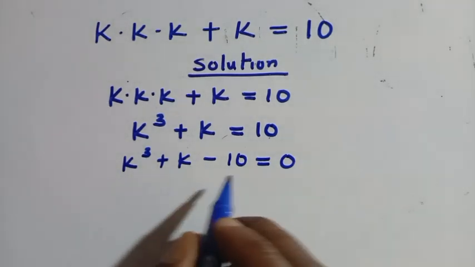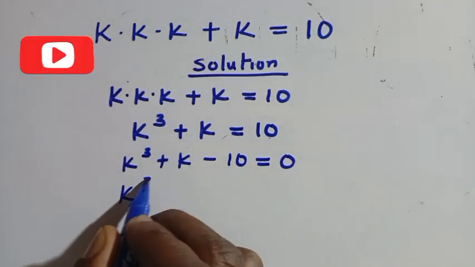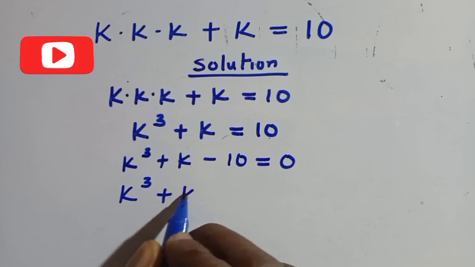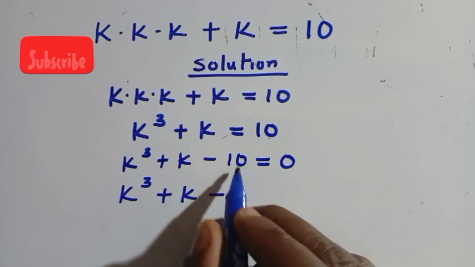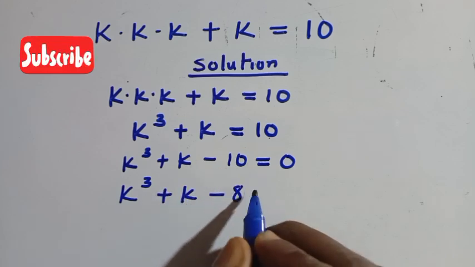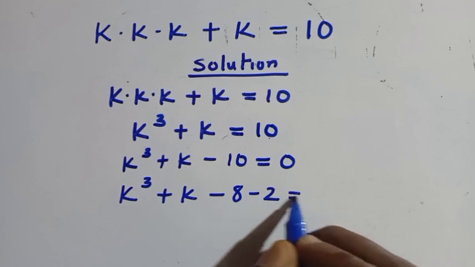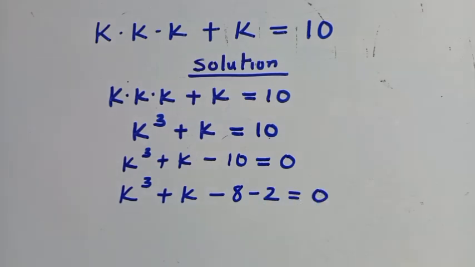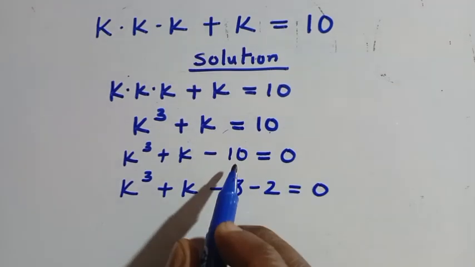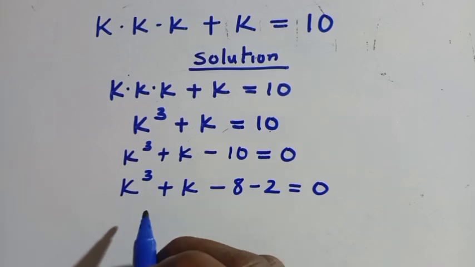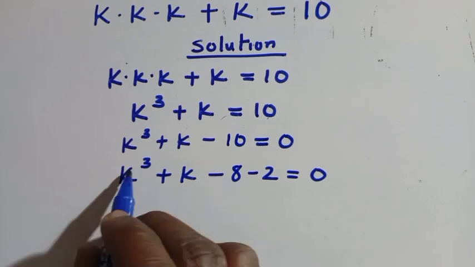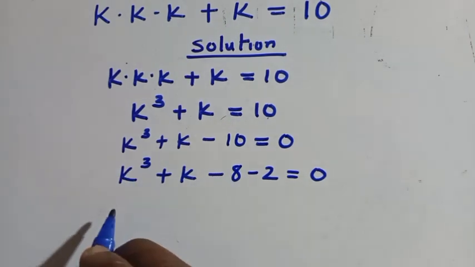So next we have k to the power 3 plus k minus, if I write this 10 as minus 8 minus 2, this equals 0. So I break this 10 based on the corresponding power of this. Let's say I combine k raised to power 3 minus 8 together.